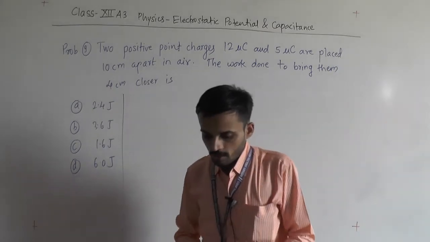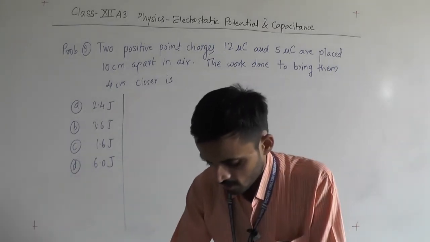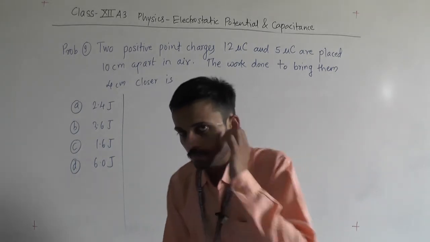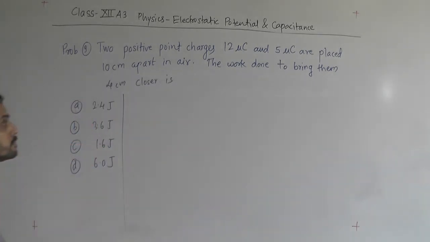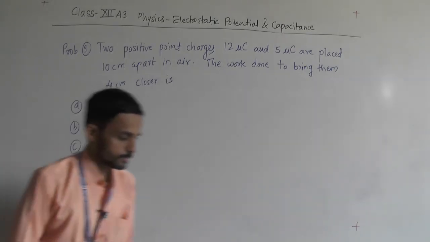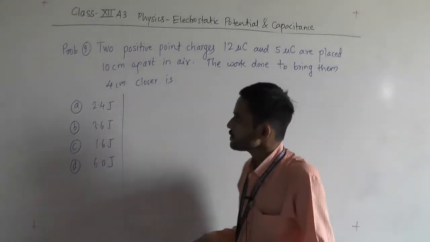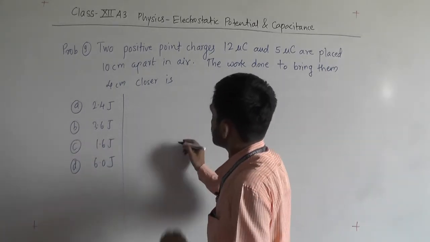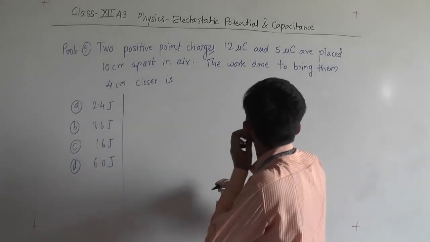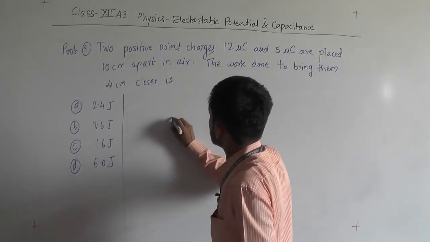Okay, now we will try to solve this. Let us first of all write the problem. I will give you time to write the problem. Okay, now 2 positive point charges are placed 10 centimeter apart.